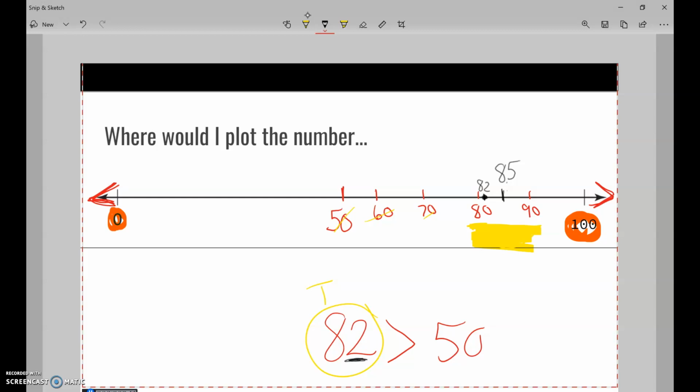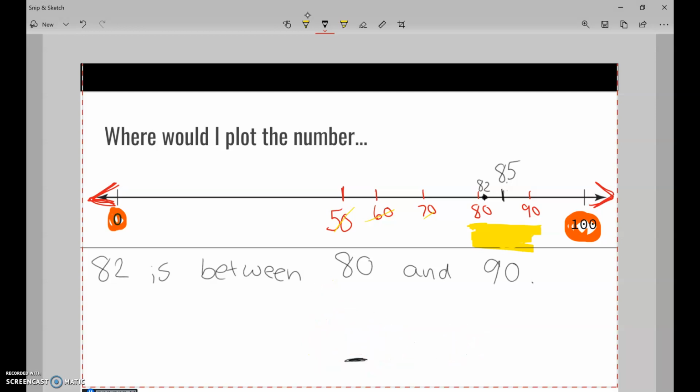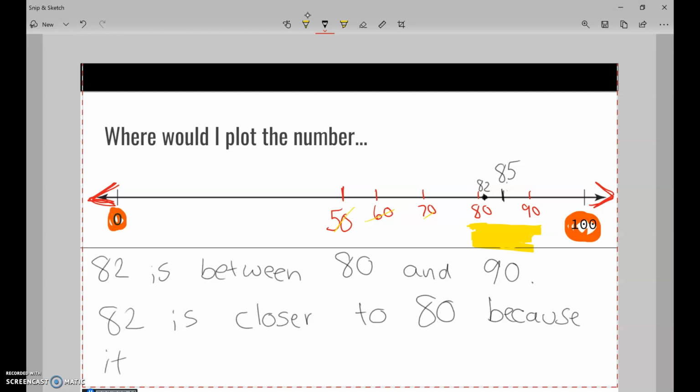So again, now I'm going to write 82 is between 80 and 90. I'm going to erase this so not to confuse you. But then 82 is closer to 80 because it is less than 85 or greater than 80.